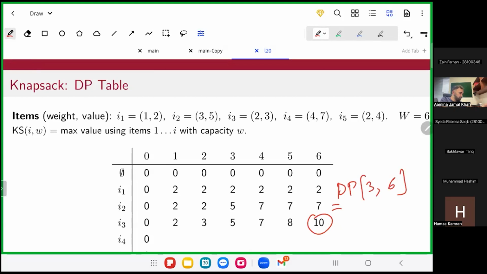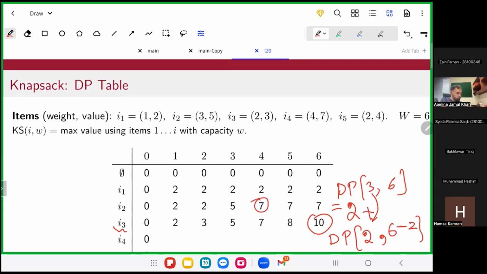Let's say you decide to pick the third item, which means that you add 2 to something, and that something is dp of 3 minus 1, and then 6 minus the weight of the third item. The weight of the third item is 2. So 2 comma 4. Where's 2 comma 4? 2 comma 4 is here.